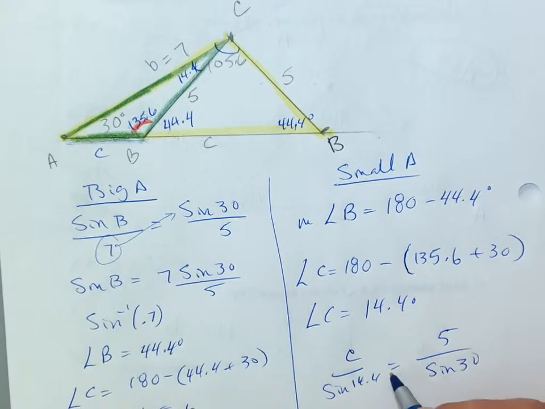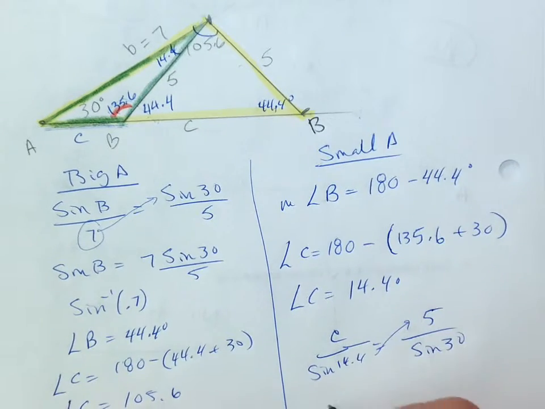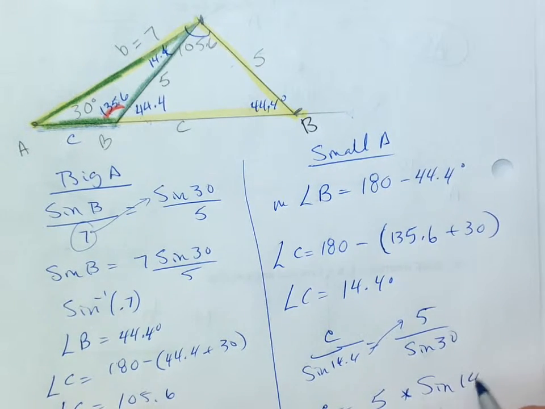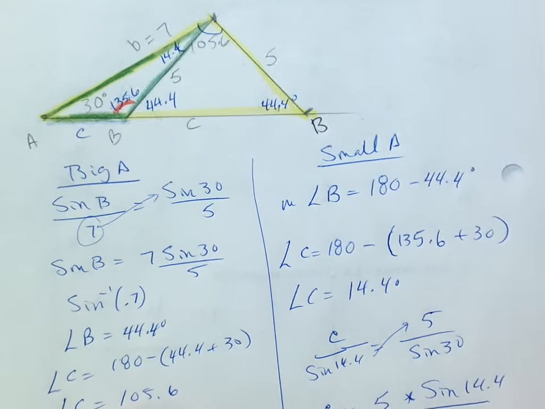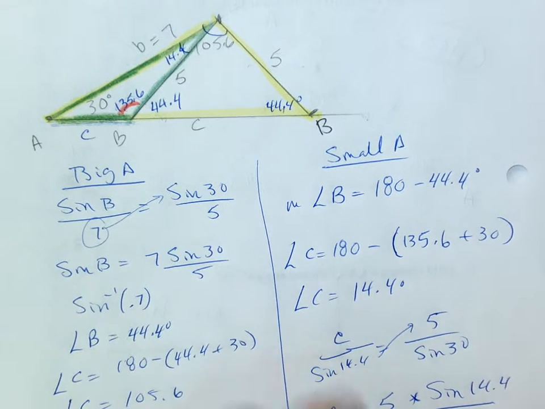Okay, again, we'll multiply this up here. And so little c is equal to 5 times the sine of 14.4 divided by sine of 30. And I get an answer of about 2.48 or 2.5.